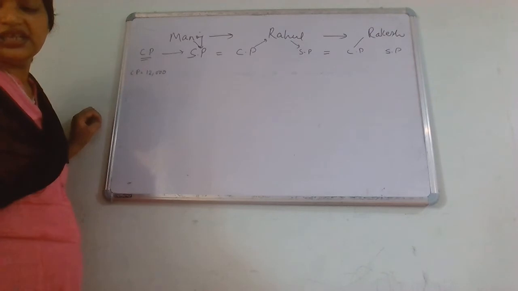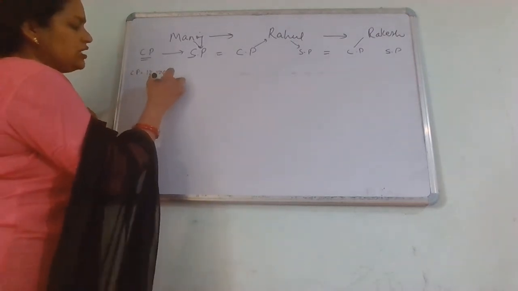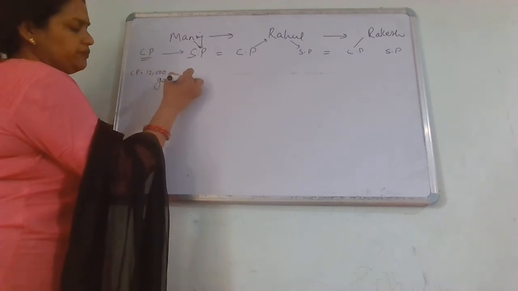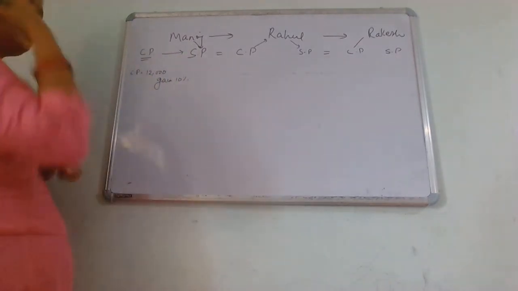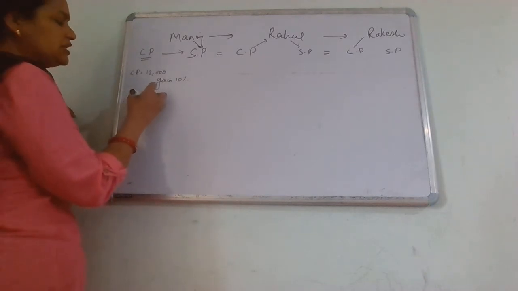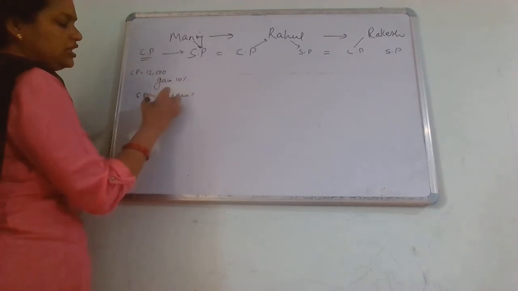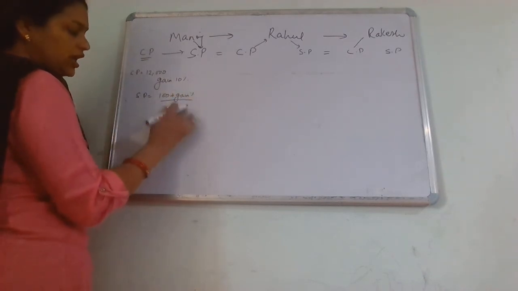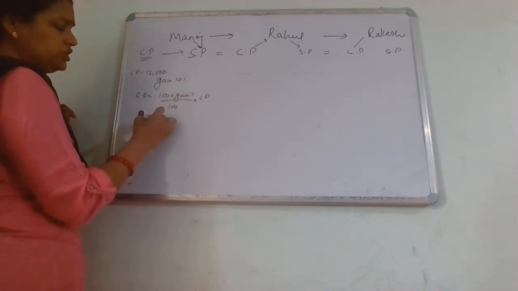Now in the next line, he sold it to Rahul at a gain of 10%. So gain is equal to 10%. So you can find out the selling price of Manoj, that will become the cost price of Rahul. So selling price is equal to 100 plus gain percent divided by 100 into CP. Now I will substitute the value.